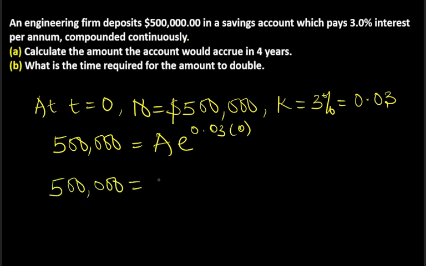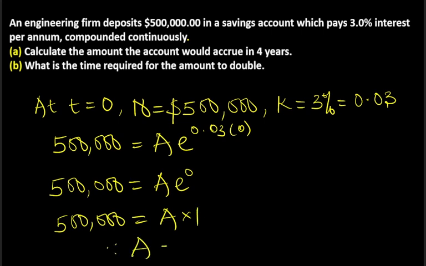So from here, you are going to have 500,000 equal to A exponent 0, since 0 multiplied with anything is 0. The exponent of 0 is 1. So we'll have 500,000 equal to A times 1, which means that our A is equal to 500,000.